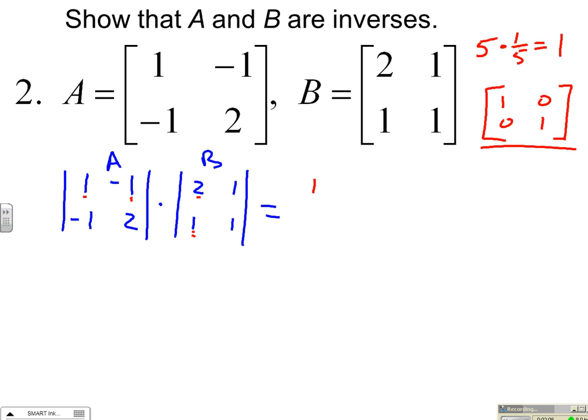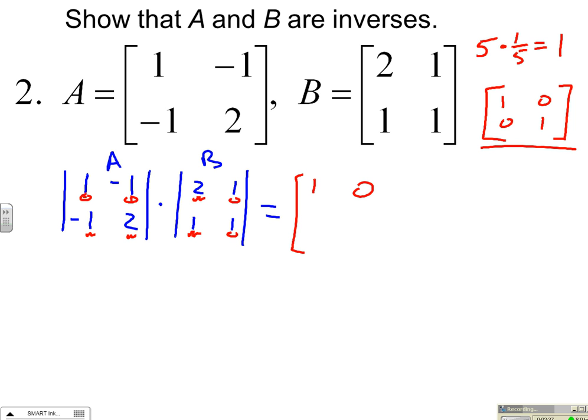I should write these really as matrices and not as determinants. And then continue on from those values. When I take this 1 times this 1 and add to it this negative 1 times this 1, I get 1 and negative 1, 0. Then next step would be to jump down to row 2. I'm going to take this guy times this guy and add to that this guy times that guy.